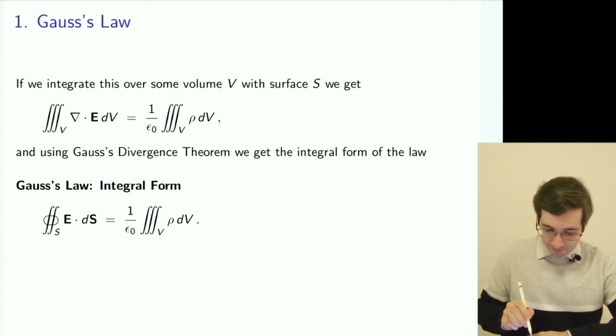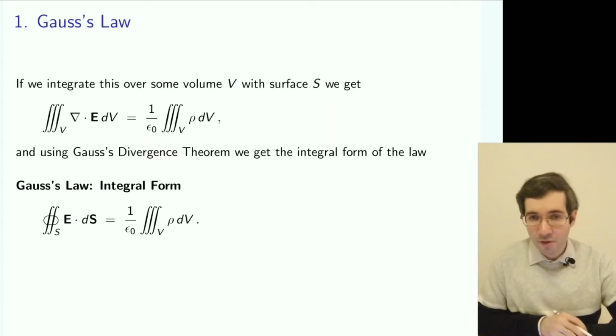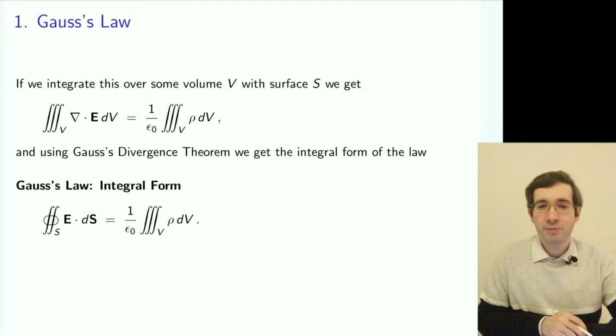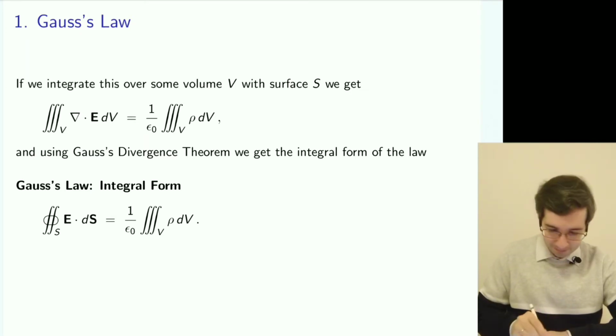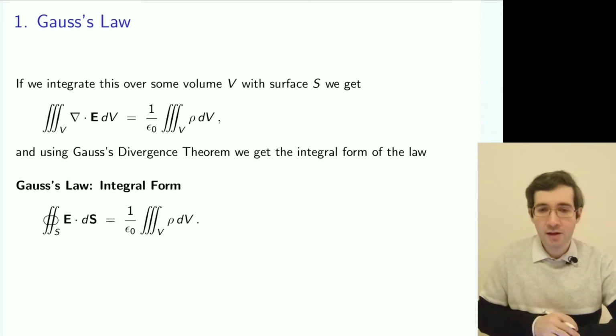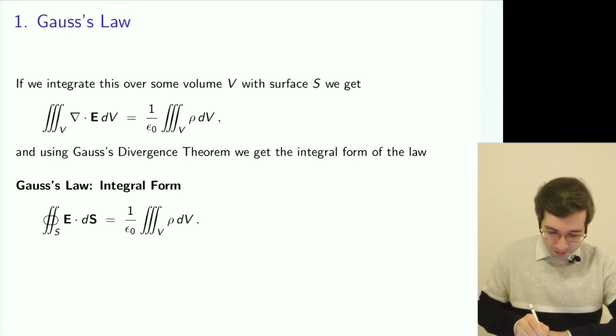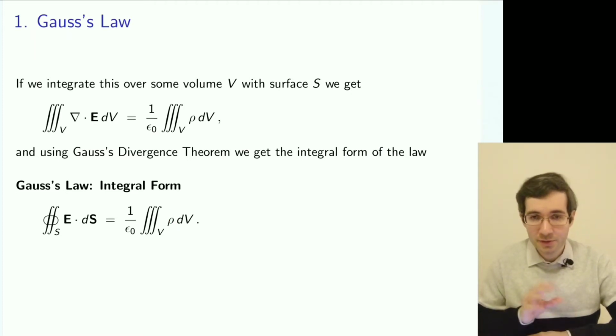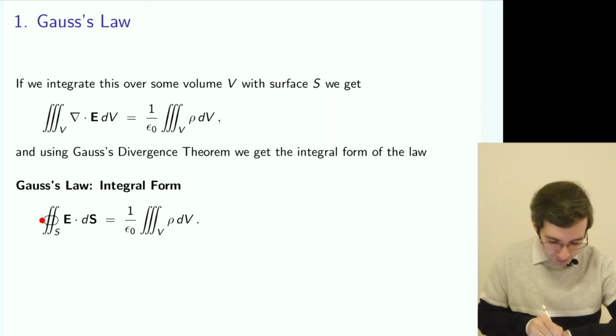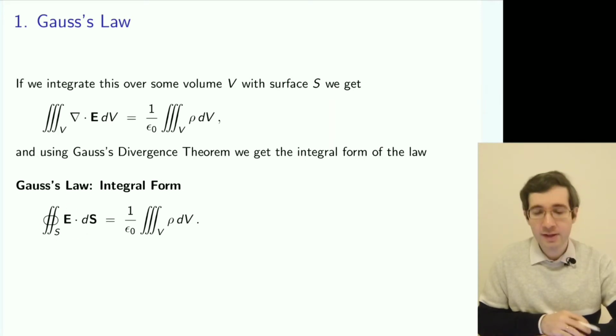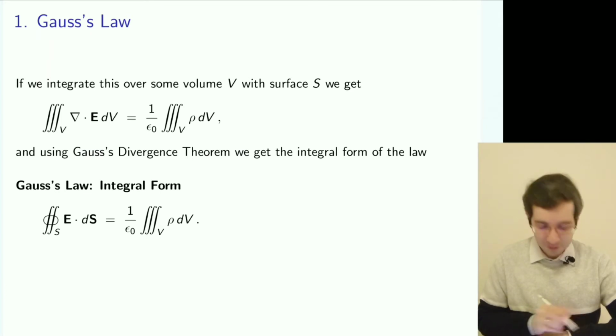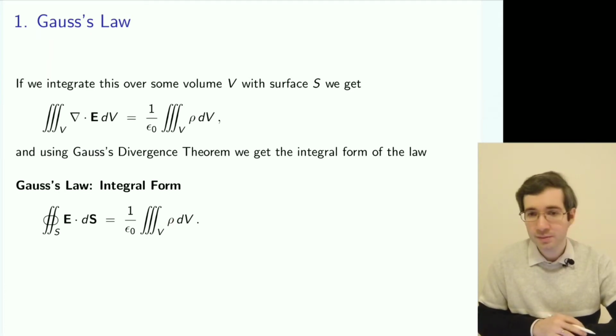And that is a very powerful result, because what you can say now is that if you want to know what effect a distribution of charges has in a particular volume, you can just integrate over the surface and you will see the flux generated by those charges.